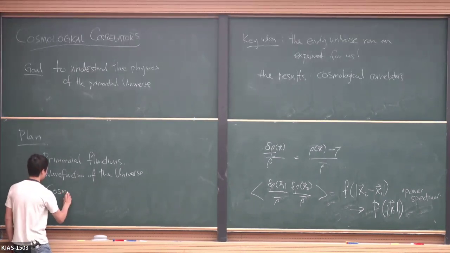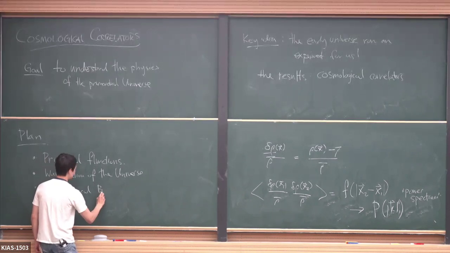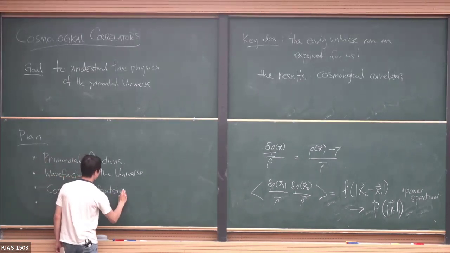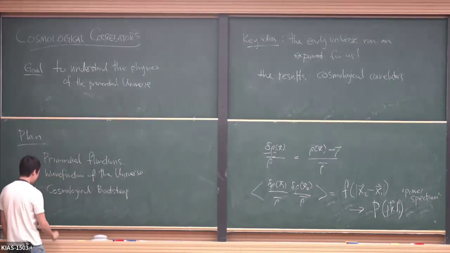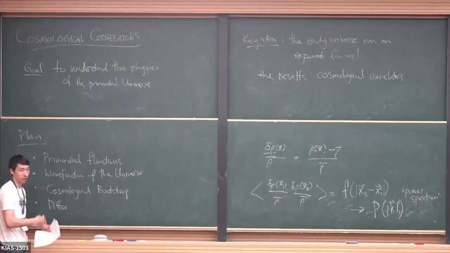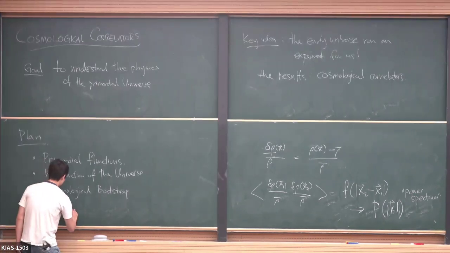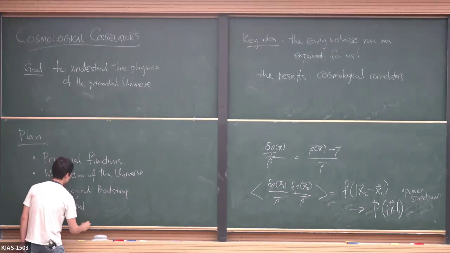I'll be talking about an approach called the cosmological bootstrap. And finally, I'll be talking about a method that has proven very powerful in organizing the structure of these correlation functions, using the method of differential equations.